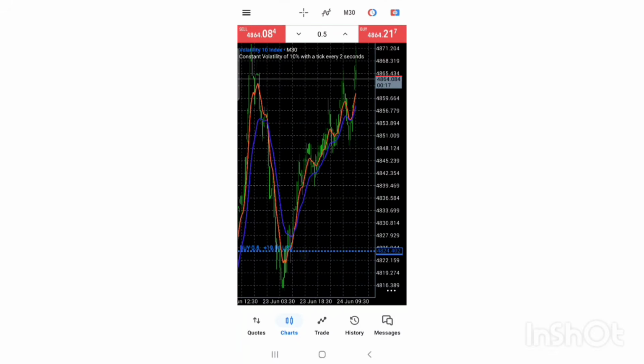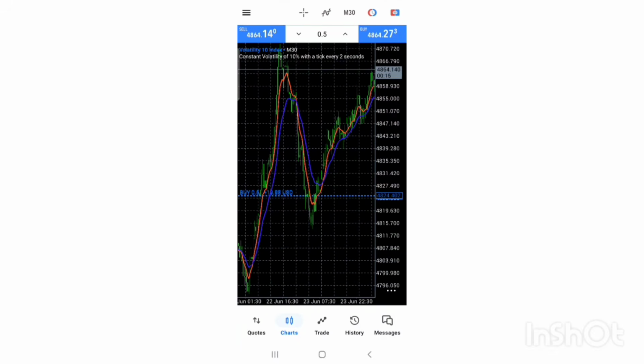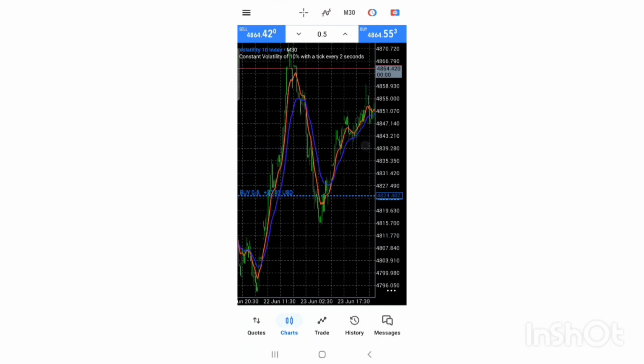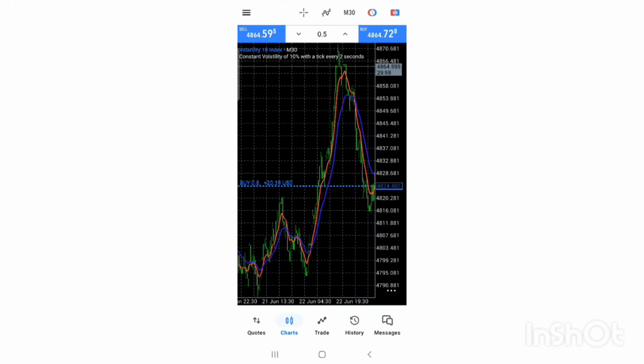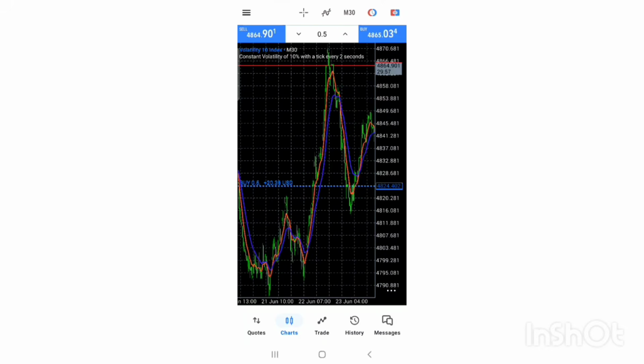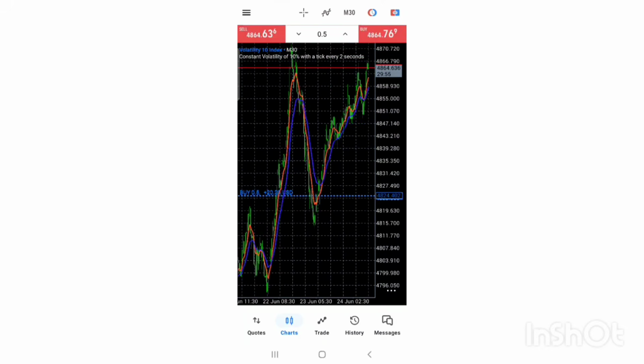So this indicator, 2 moving averages, as I said earlier, they look very simple, but they are not. These 2 moving averages are a very good indicator for entry confirmation. Let me start with the time frame. You can apply these moving averages on the 1 hour, 30-minute, 15-minute, or 5-minute time frame.